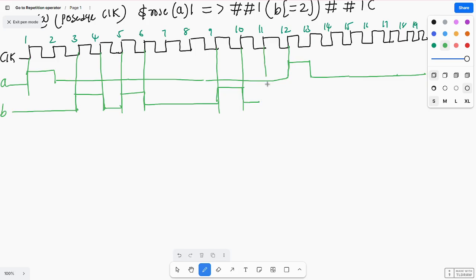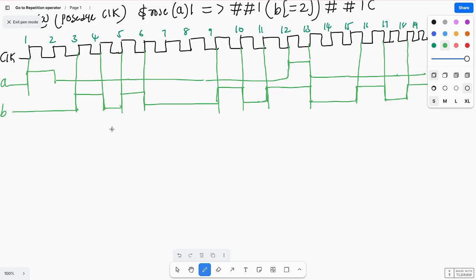Again it becomes 1, and at the 13th cycle it stays 1. At the 16th cycle again it becomes 1. Till the 18th it will be 0 only, and after the 18th it becomes 1.